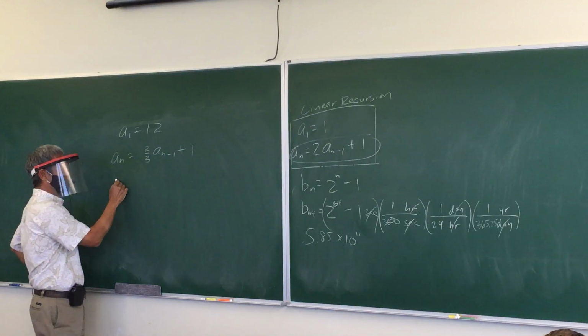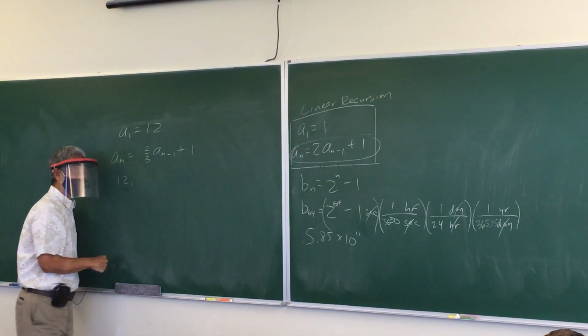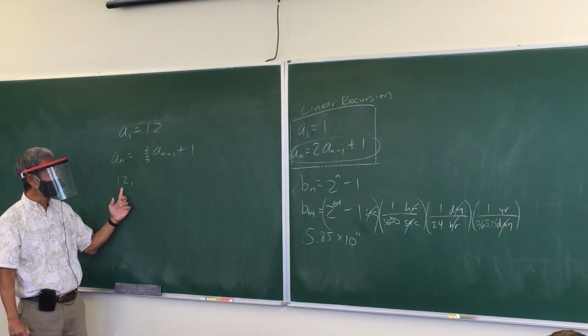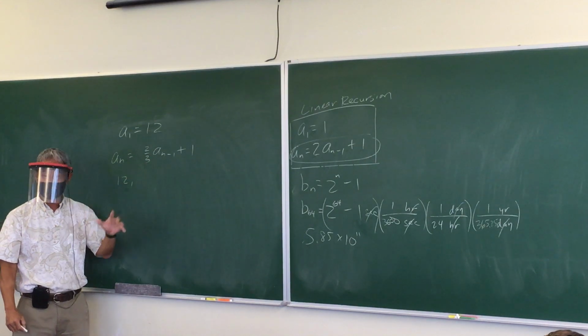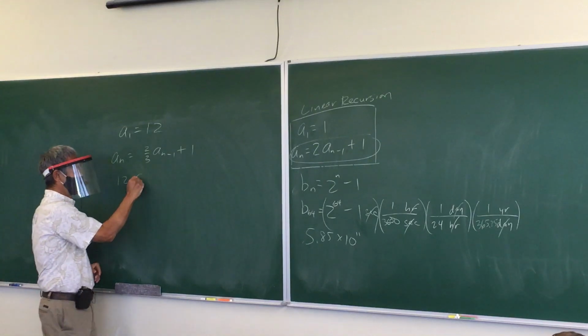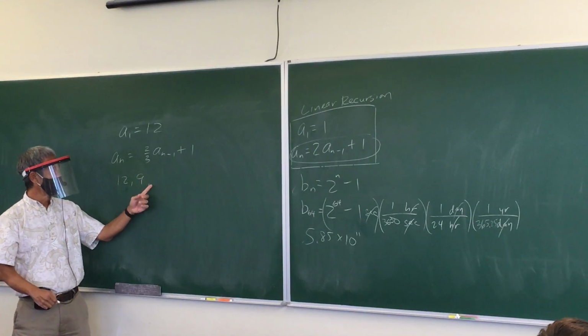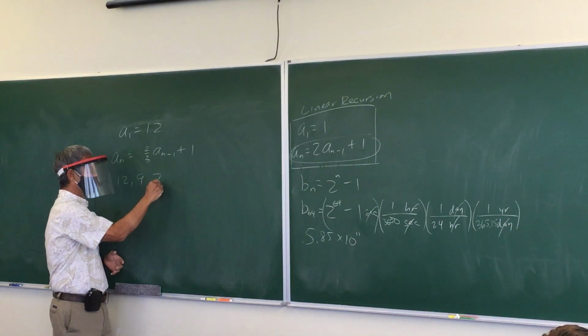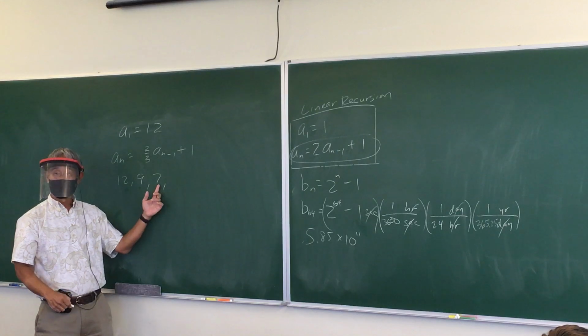What's the first term? 12. What's the second term? To get the second term, you got to take the previous term, which is 12, multiply it by 2/3, and then add 1. 9. How do we get the third term? Multiply this by 2/3 and add 1. 7. Okay. Multiply this by 2/3, add 1.